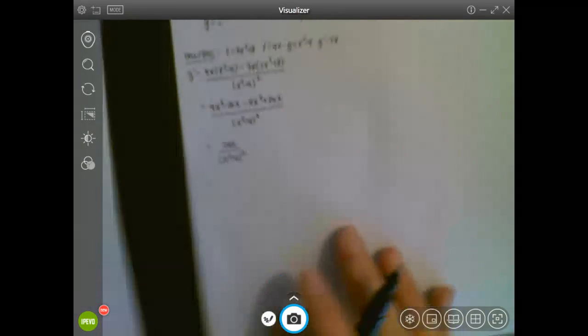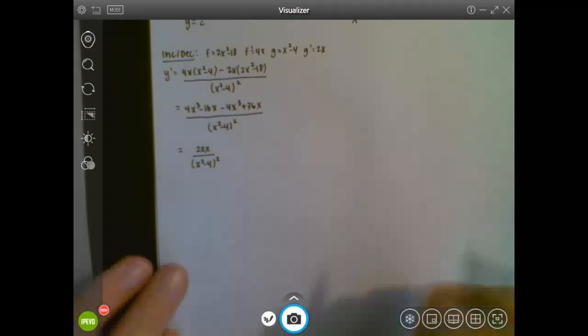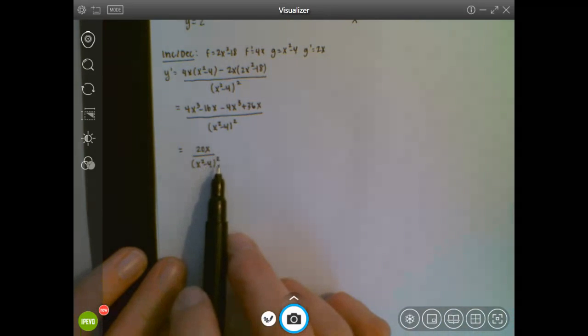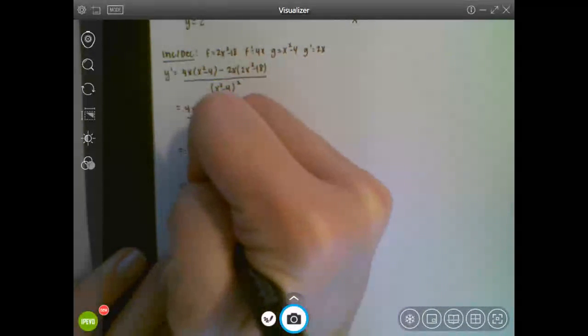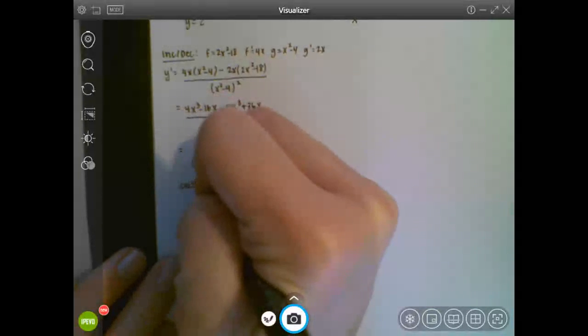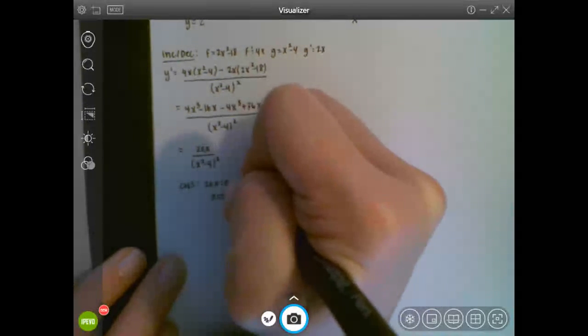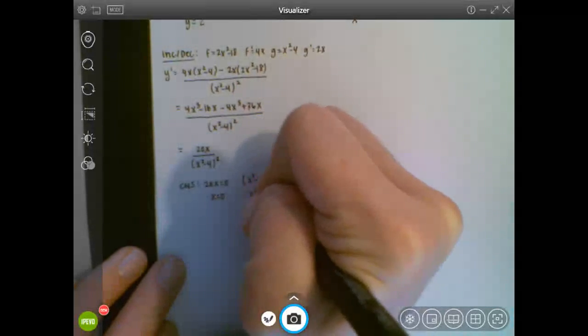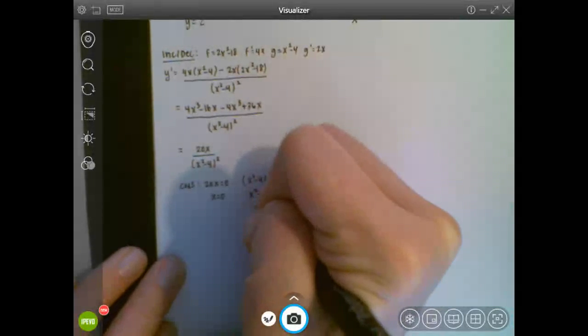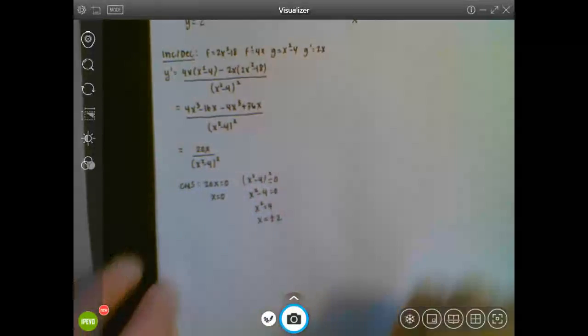So I'm going to use this to find my critical numbers. So my critical numbers are going to come from both setting the denominator and the numerator equal to 0. So 20x is equal to 0 is going to give me a critical number at 0, and then setting x squared minus 4 squared equal to 0 is going to give me plus or minus 2.